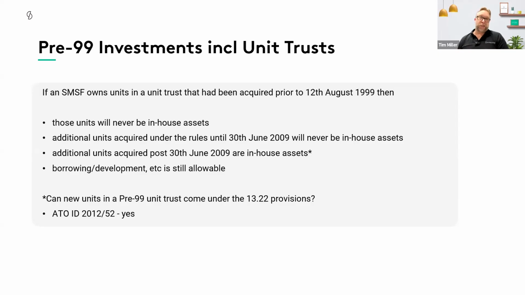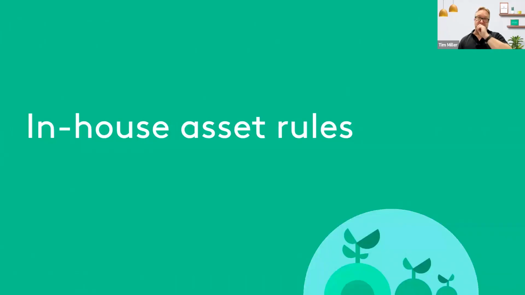But you're tarnishing that entire trust then as a 1322C trust, whereas if you're not doing reinvestments, then that trust is still eligible to borrow, that trust can still conduct businesses and other things, of course, subject to the biggest caveat of all, and that is the sole purpose test, like what is the purpose of that transaction. So there's some key benefits to those pre-99 investments.